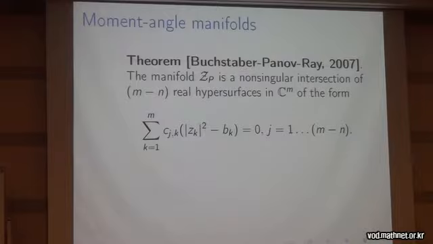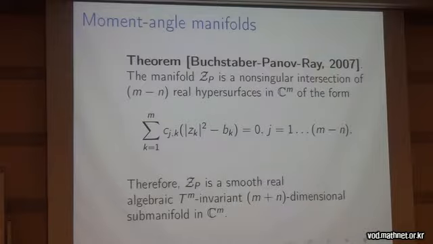You can see them here, and the equations are very simple in fact, and it turns out that Z_P is a manifold as a nonsingular intersection. Dimension is m plus n. It is smooth, it's real algebraic, and finally it carries an action of the compact torus T^m. Well, that's great. We have a canonical smooth structure on Z_P under this approach, and that's very convenient.